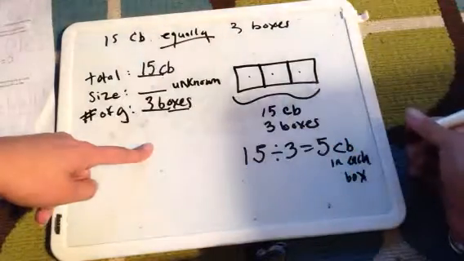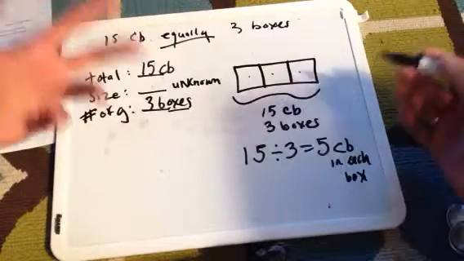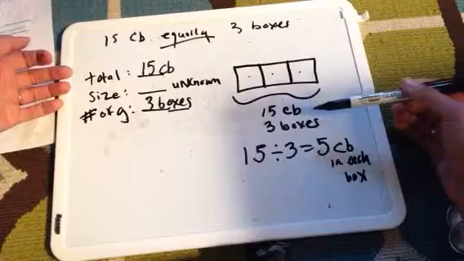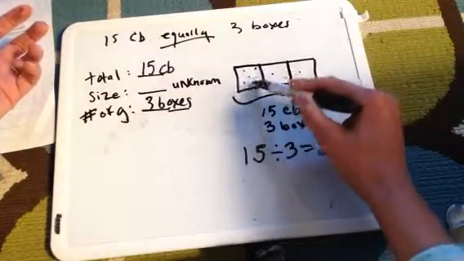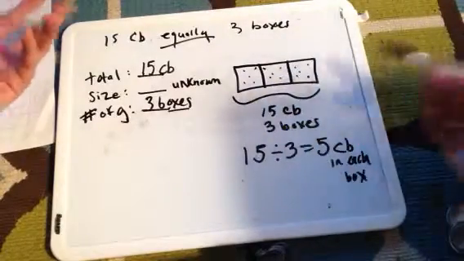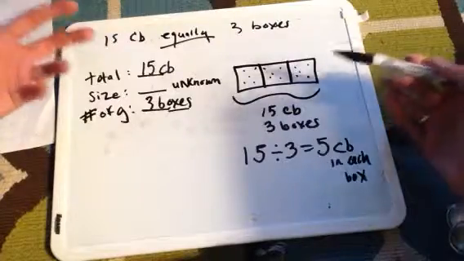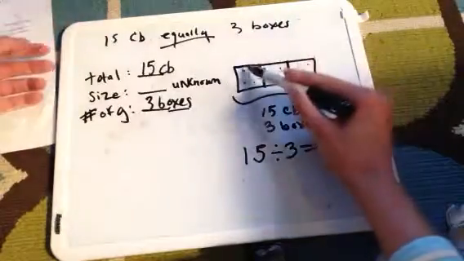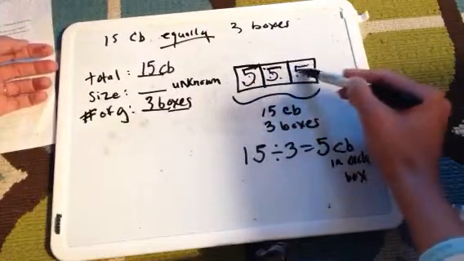If you didn't know that, you could count up if you needed to. You could skip count. There are many different ways. Ultimately, you should know, if you're memorizing your 3 facts, that 15 divided by 3 is going to give you 5. So then you're going to do 5, 5, 5.